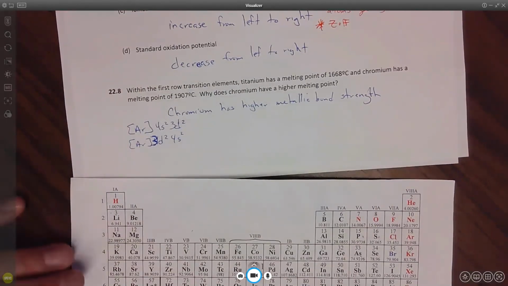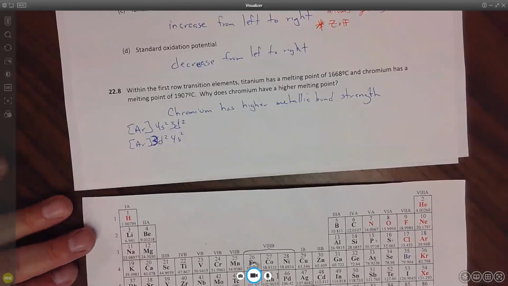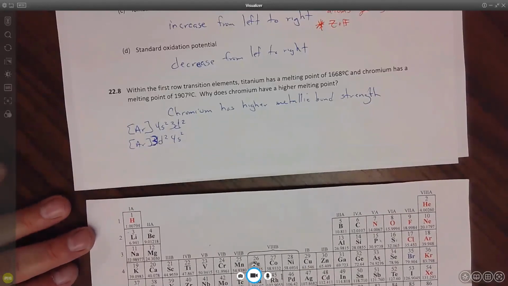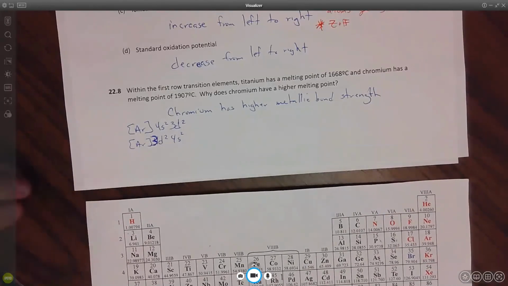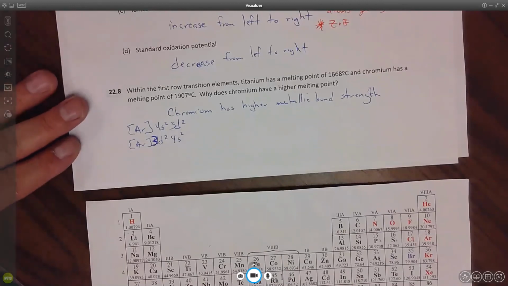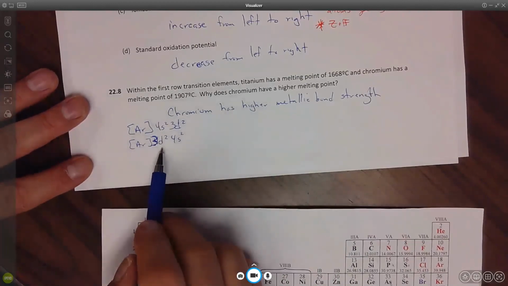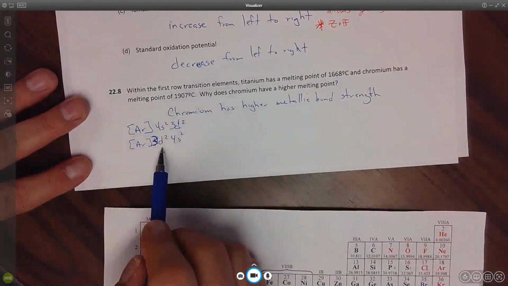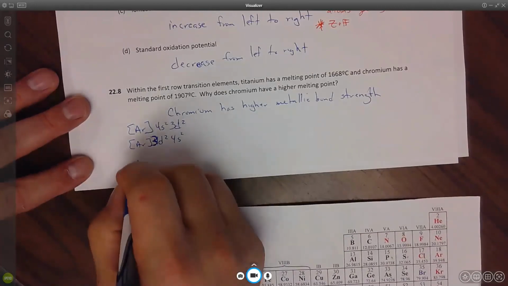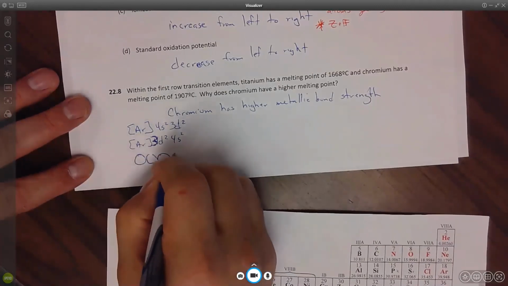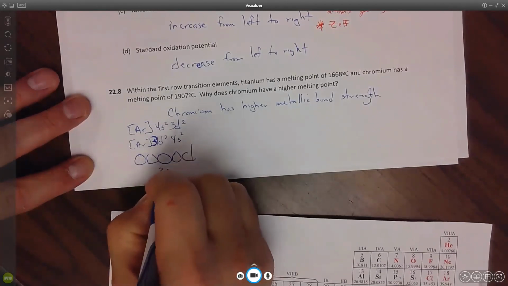Are there not any unpaired, because how many orbitals are in a d subshell? 5. Oh yeah. But only those 2 in 3d were filled.